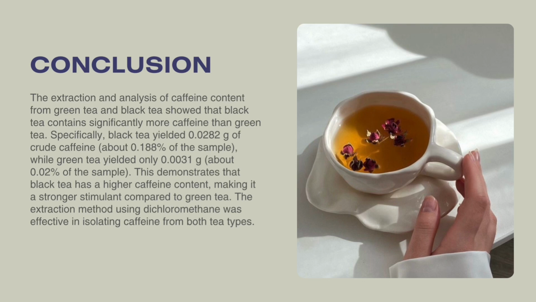This demonstrates that black tea has a higher caffeine content, making it a stronger stimulant compared to green tea. The extraction method using dichloromethane was effective in isolating caffeine from both tea types.